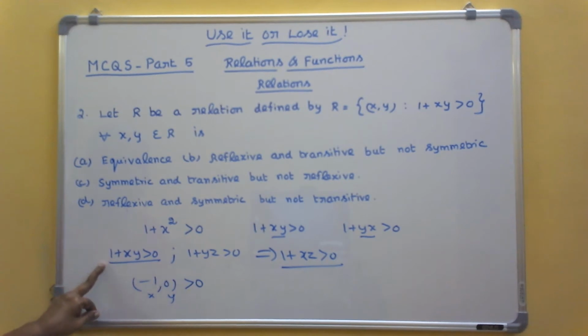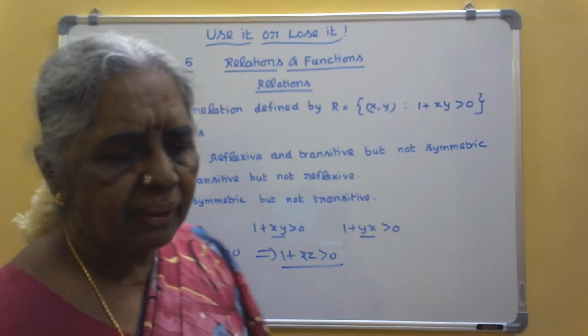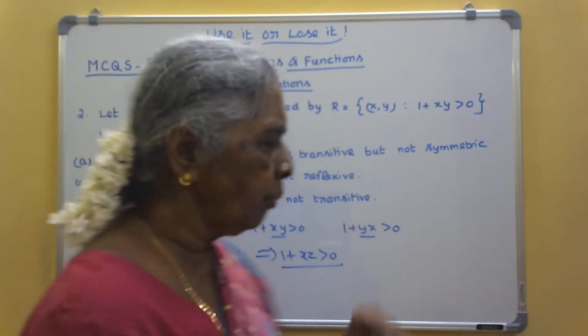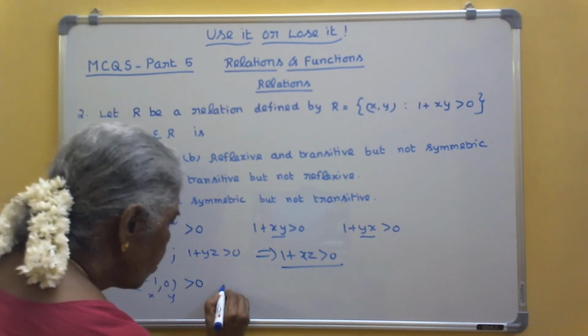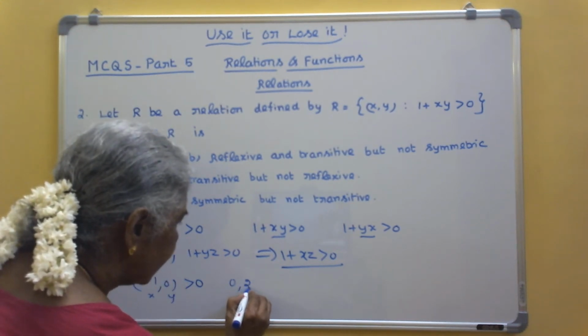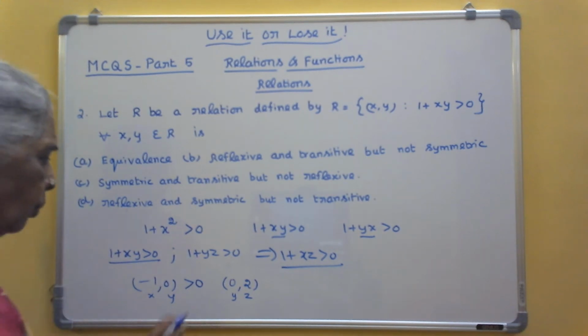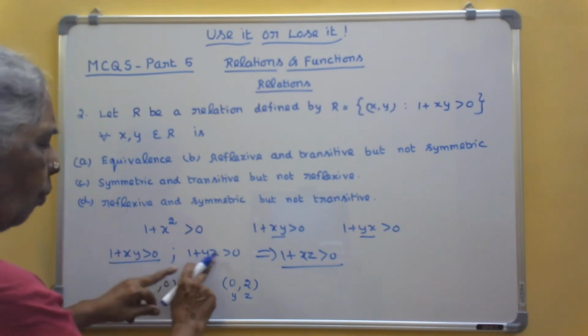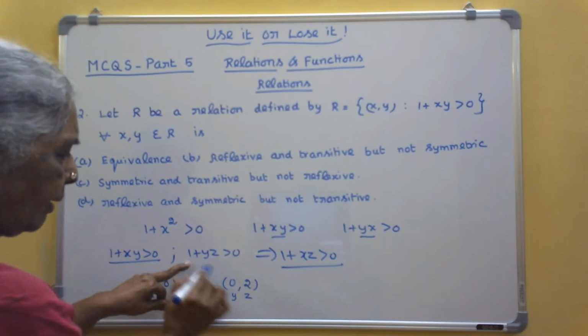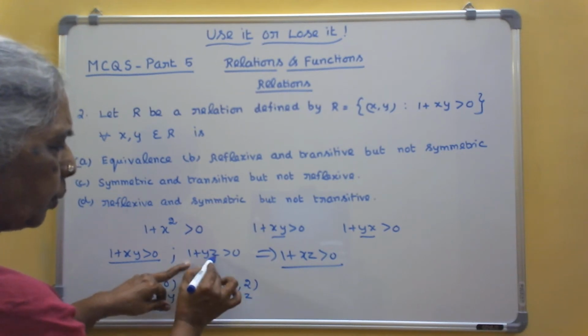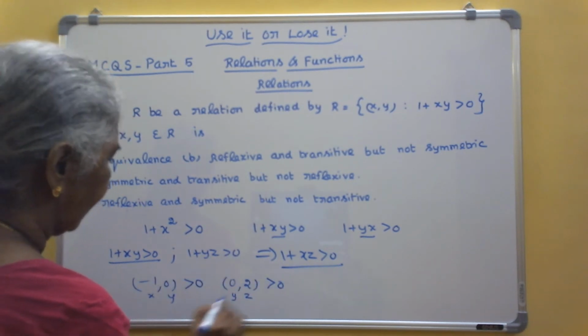So 1 + xy becomes 1, which is going to be greater than 0. Then I am going to take 0 as y and z as 2, so (0, 2). This is y, this is z, right? Now I will check using 1 + yz. 0 into 2 is 0, so this is also greater than 0.